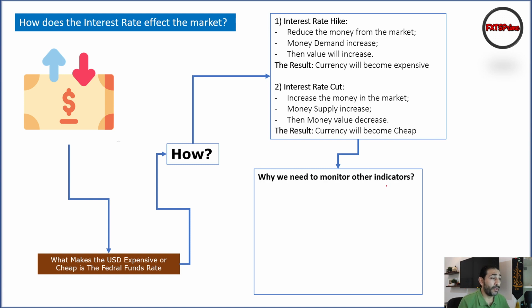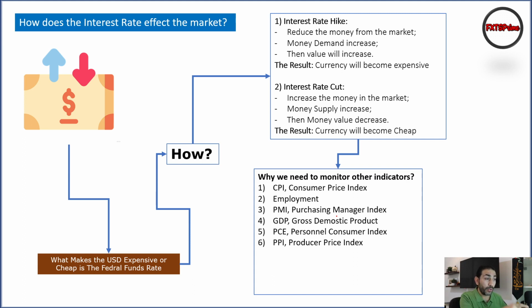Now, why do we need to monitor the other indicators? If the interest rate will do that, why then do I need to monitor all those indicators? Why do I need to monitor the consumer price index, employment, the purchasing managers index, gross domestic product, personal consumer expenditures, and the PPI, the producer price index?